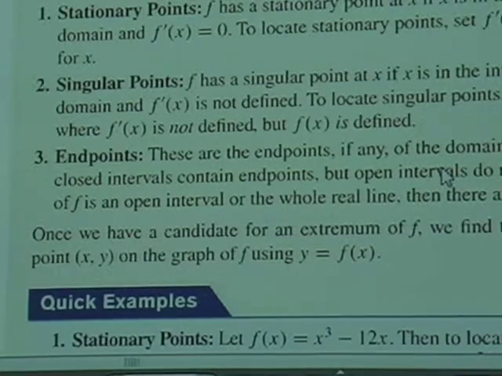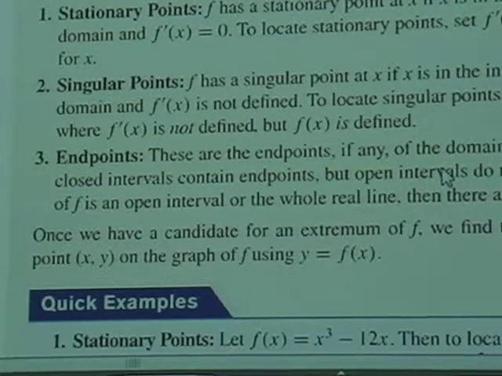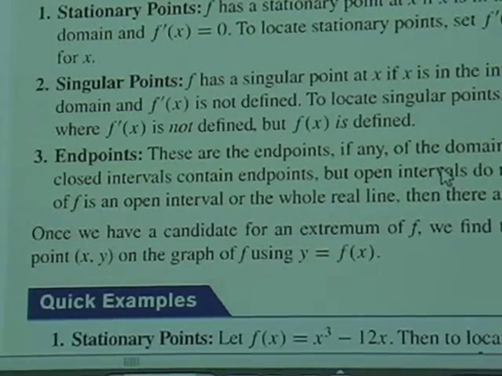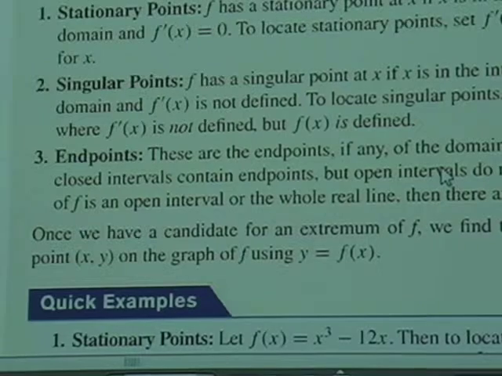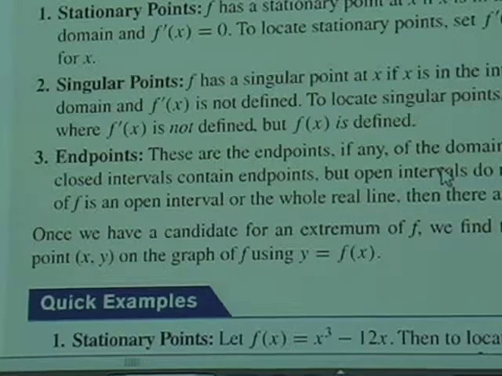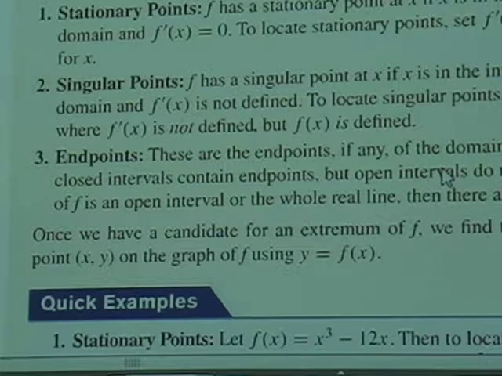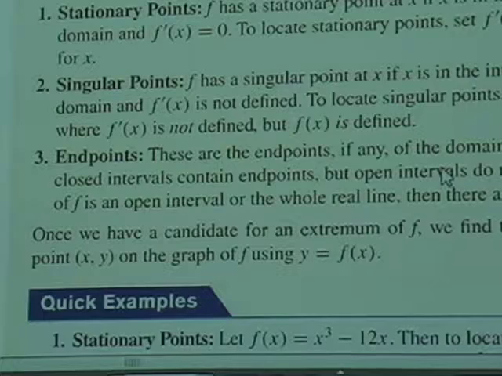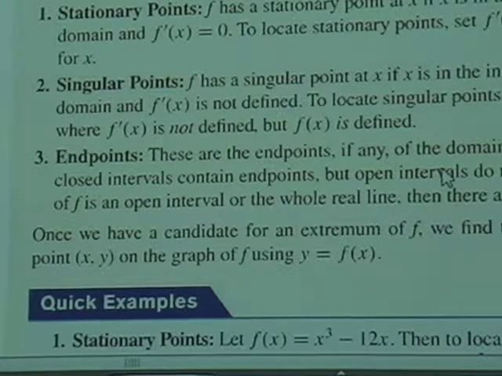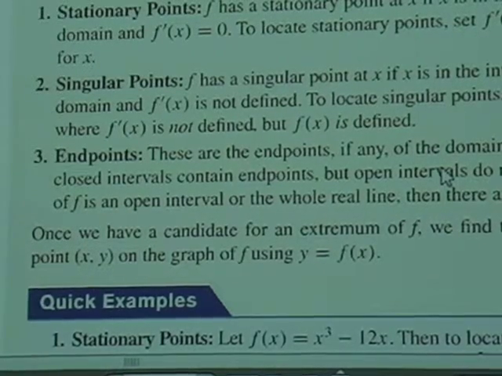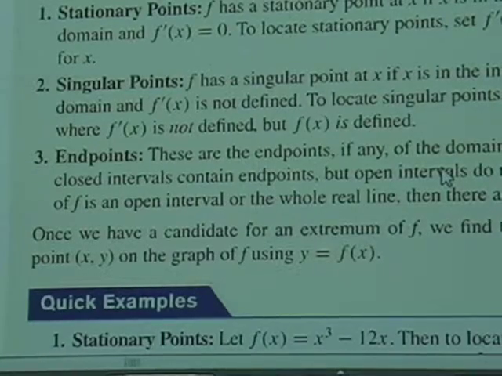If the domain of f is an open interval, or the whole real line, we say there are no endpoints. Of course, if it's the whole real line, there are no endpoints. But even with an open domain, there are no endpoints, because you can keep getting closer and closer to that value.